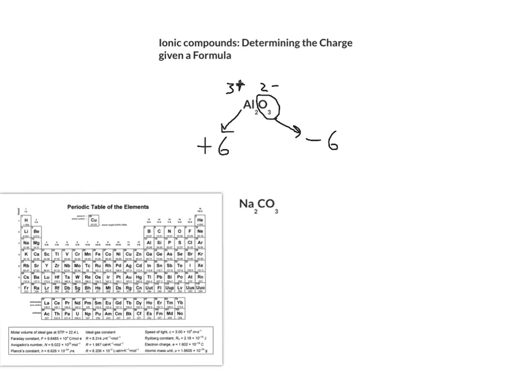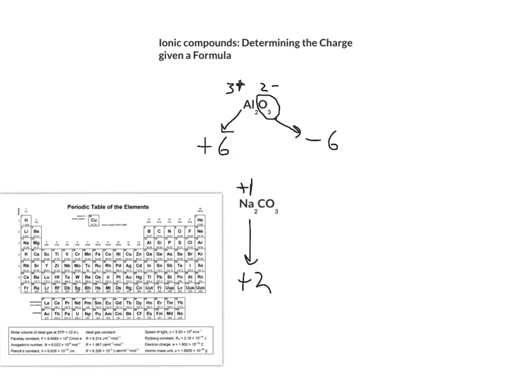The next example, sodium plus 1. It's here in the periodic table. It forms a plus 1 cation, loses 1 electron to become like neon. The overall positive charge for this compound, since there are 2 sodium ions, is plus 2.